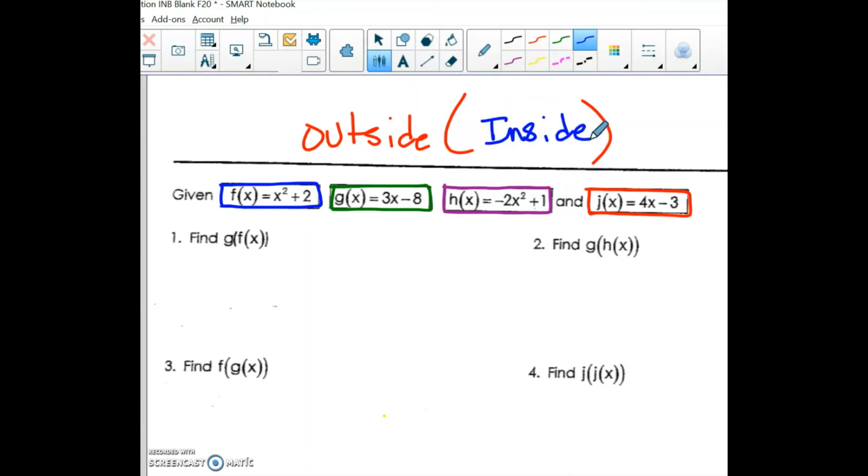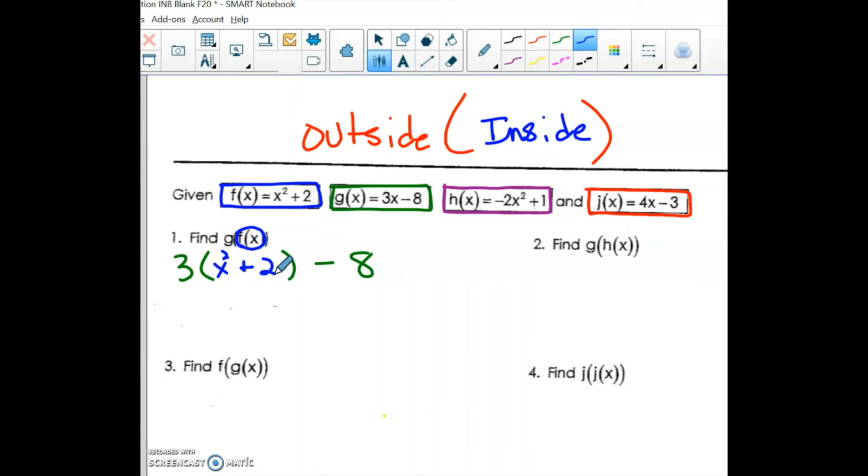With problem number 1, you'll see that it is G on the outside, so that's going to be green, 3, parentheses where the X is, minus 8. And then for the number 1 problem, it puts F on the inside. So F is the blue function, so that's going to be x squared plus 2.